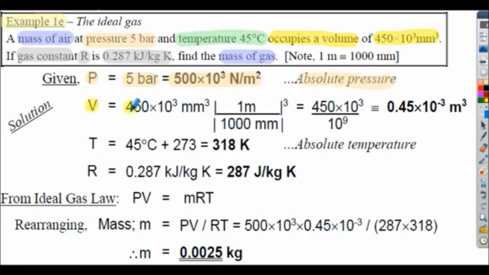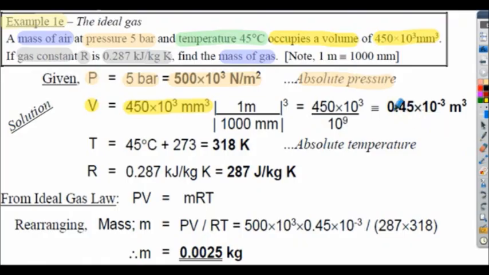Volume V is 450 times 10 to the 3 millimeters cubed, it says in the question. So I'm using a unity bracket here to convert that into meters cubed. Always remember with unity brackets, the terms cancel. So my millimeters cubed here has to cancel with the millimeters cubed on the bottom line to leave me in terms of meters cubed.